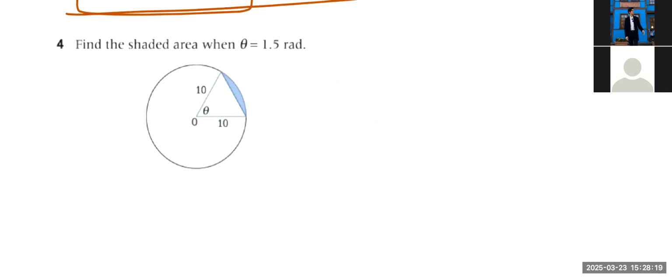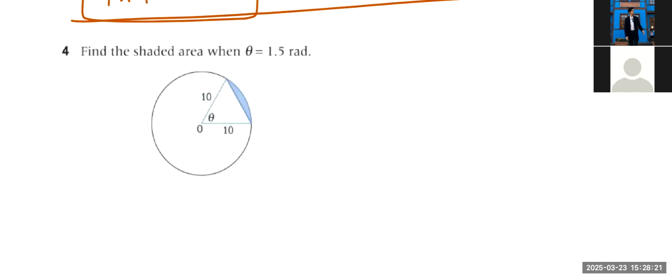So here's the next question. You want to find the shaded area? Let's do this as the final question for the day.